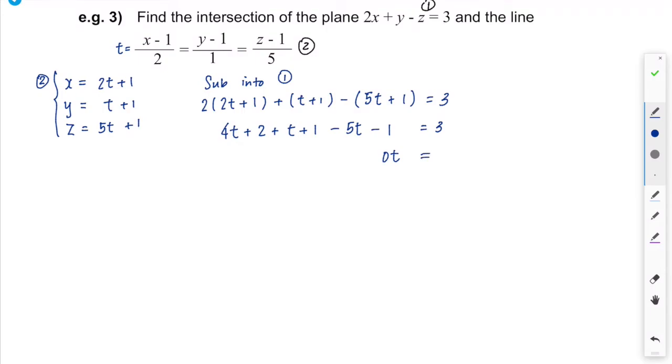And we have 3 minus 2, 1. Can I ever multiply a number by 0 to get 1? No. So we say that this is never true. And from this, we can deduce that there is no solution.